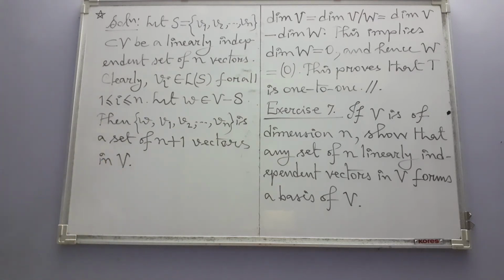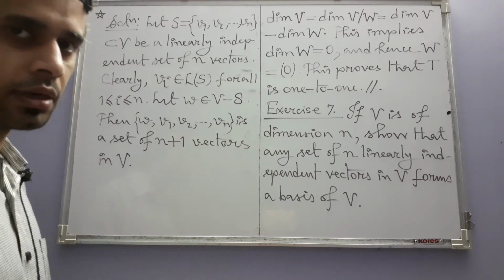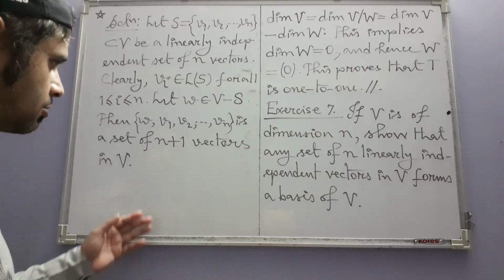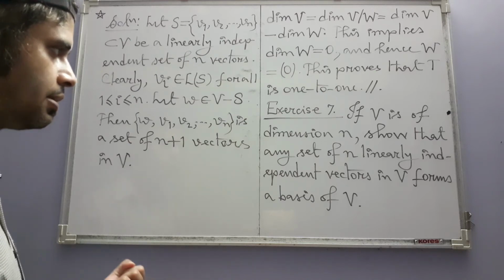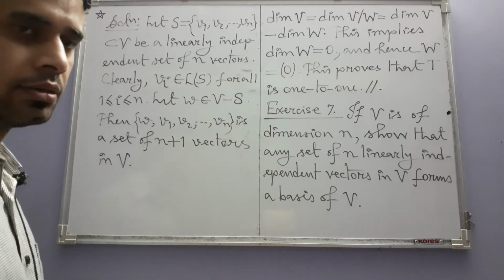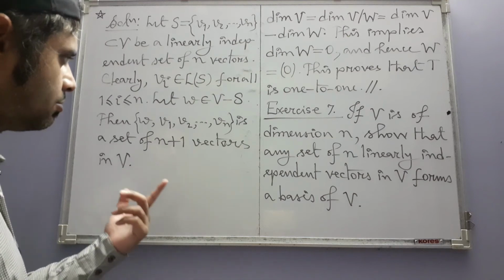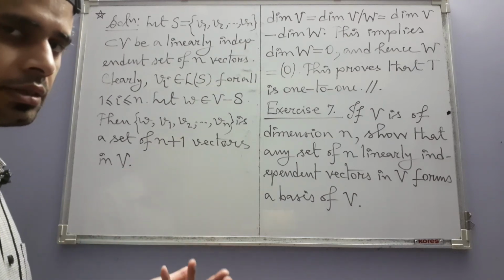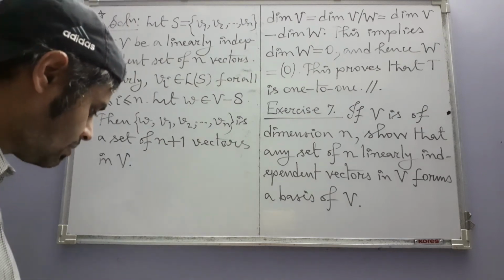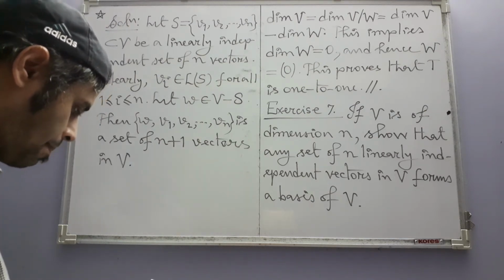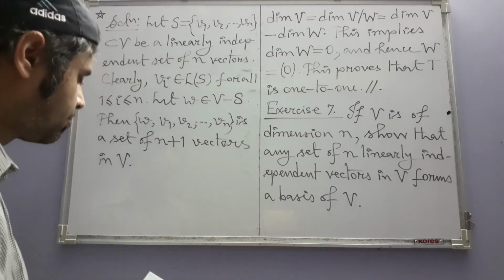Now it is given that V has dimension n. So any linearly independent set must have size less than or equal to n. If you have a set whose size exceeds n, it cannot be linearly independent. It has to be linearly dependent. And this fact is coming from your lemma 4.2.4.